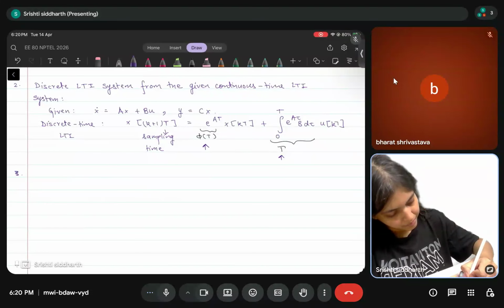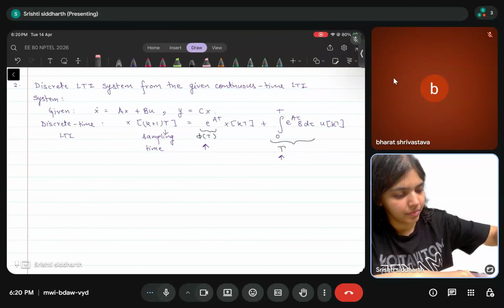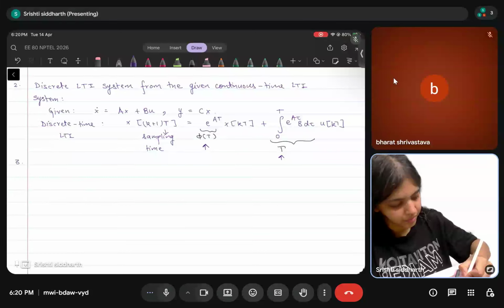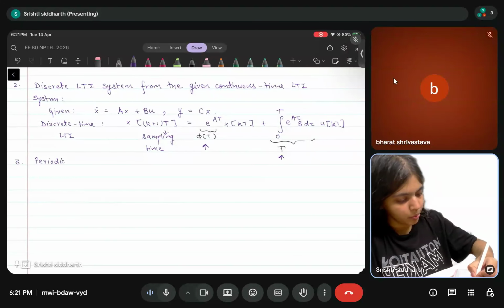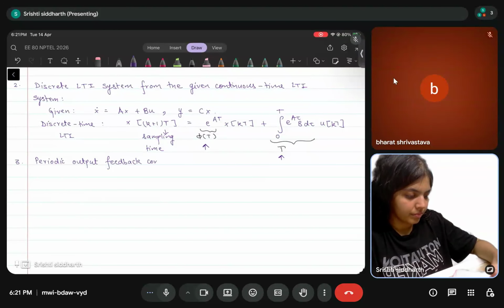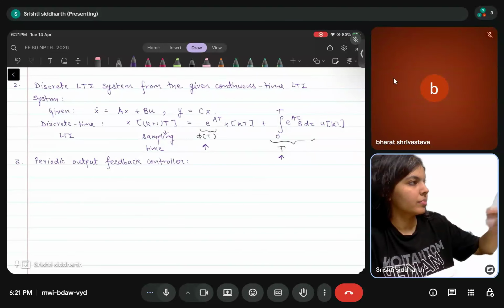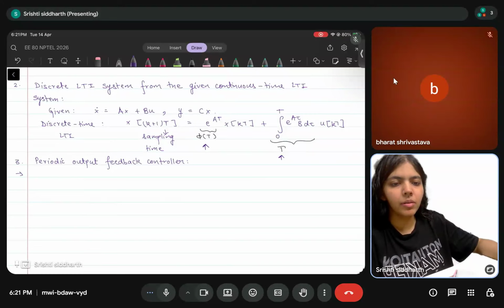The first one is the periodic output feedback controller. What was the main point of this?